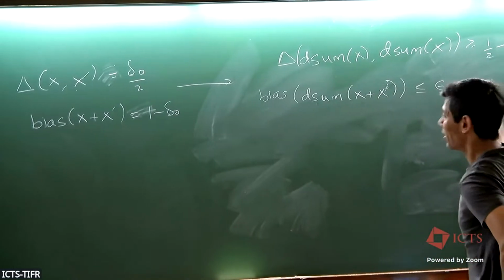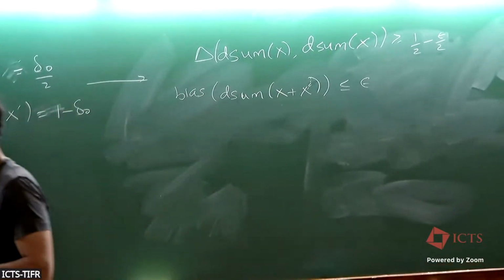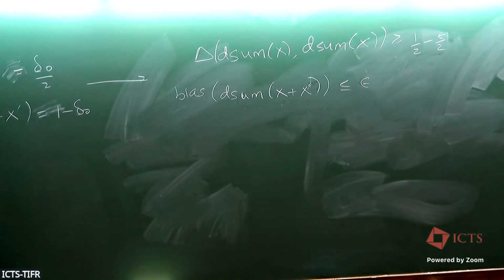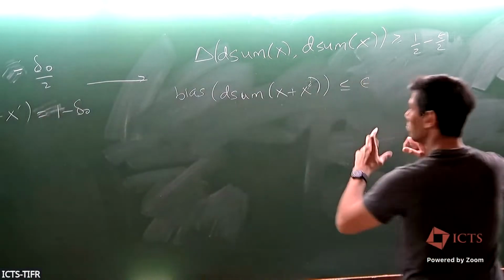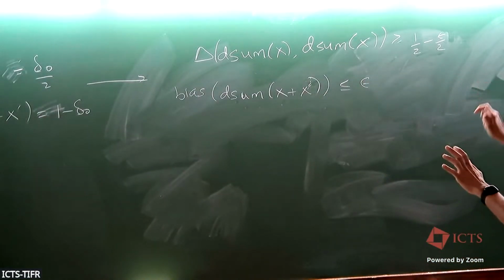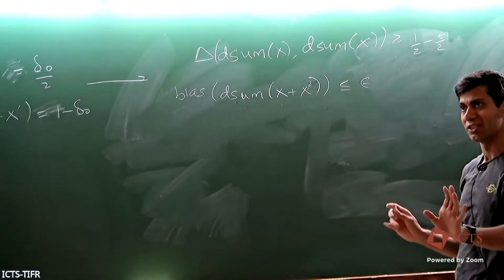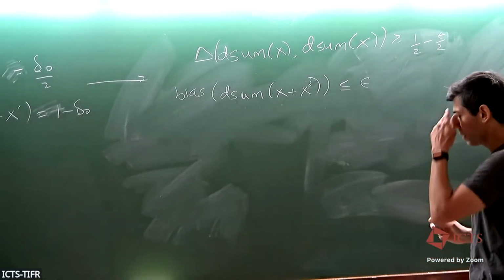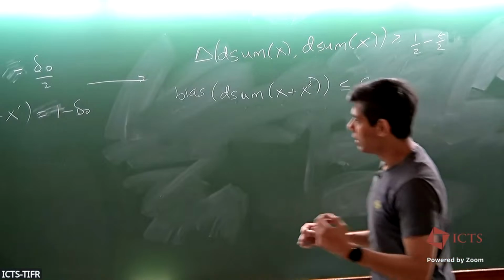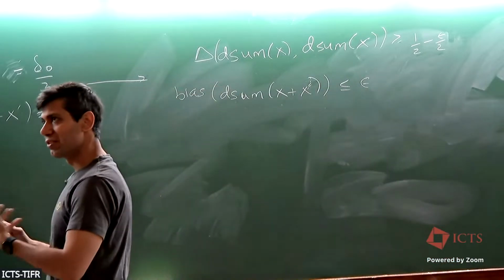I mean, doesn't matter. Constant factors in epsilon, I wouldn't care about. Oh, sorry. So the bias is, okay, first of all, maybe you already noticed, but I'm writing the fractions between 0 and 1, so I'm talking about relative distance and so on. And bias is just the expected number of ones versus minus 1.